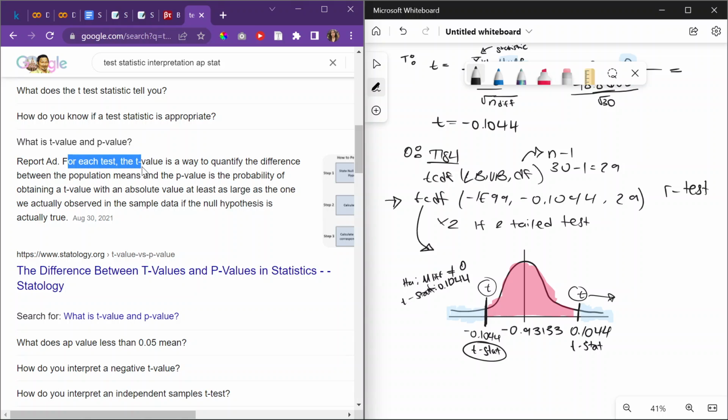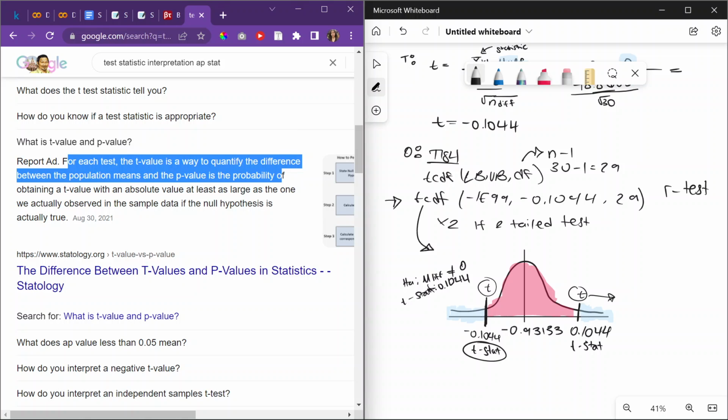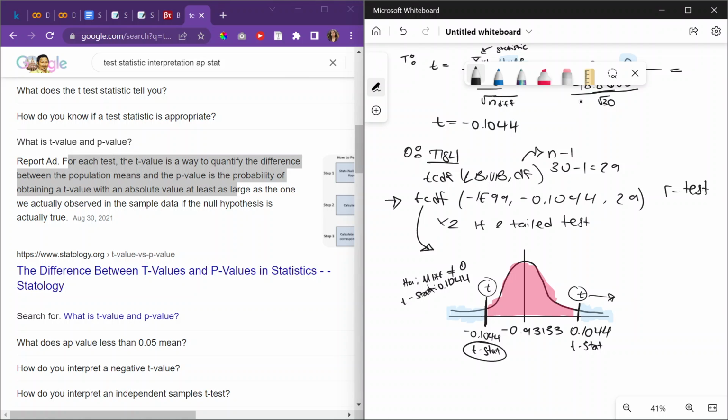For each test, the t-value or the t-stat is a way to quantify the difference between the population means, and the p-value is the probability of obtaining a t-value with an absolute value. Okay, so I'm assuming, is this the true mean difference?